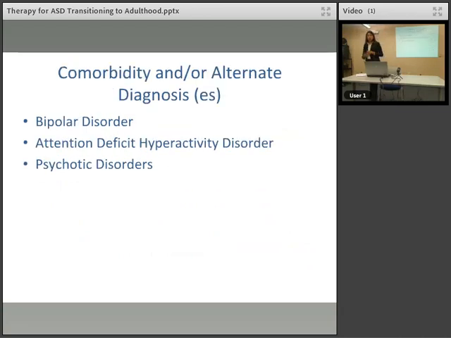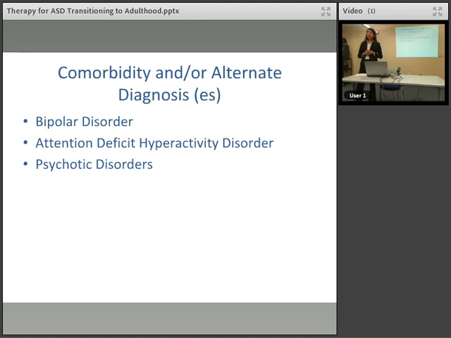Now, it's also important to consider, when we're looking at comorbidities and other diagnoses, that many times other more psychiatric conditions such as bipolar disorder, attention deficit disorder, or other psychotic disorders such as schizophrenia are, for one, more prevalent in children with autism spectrum disorders.